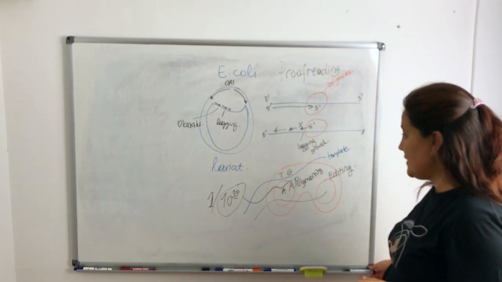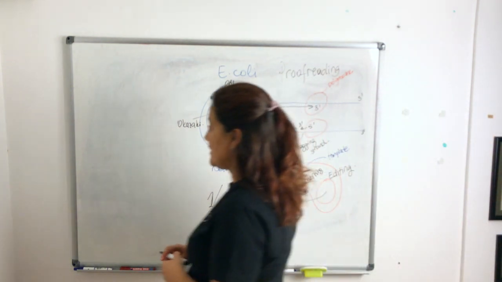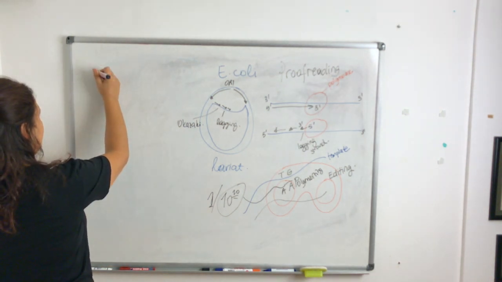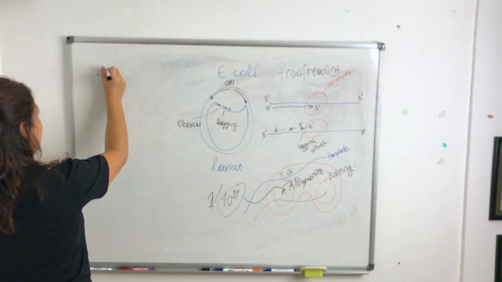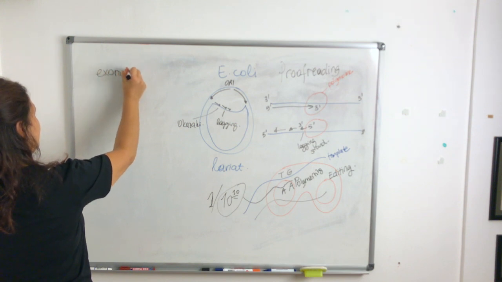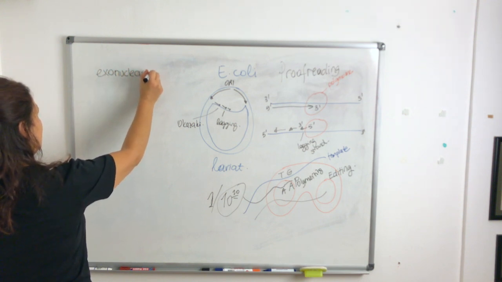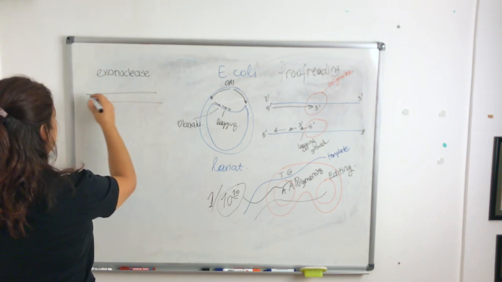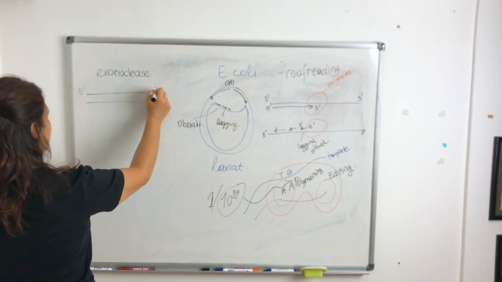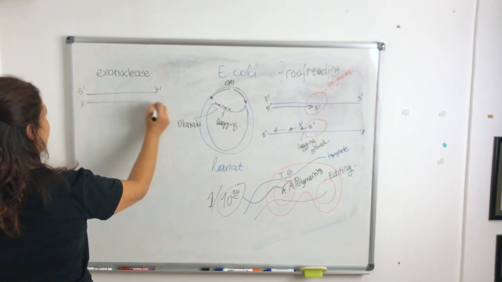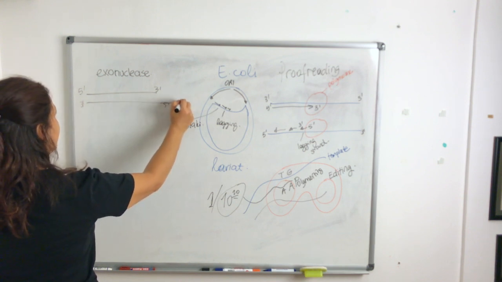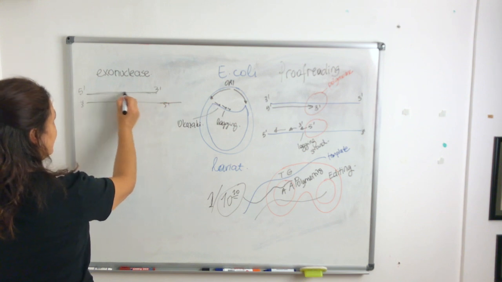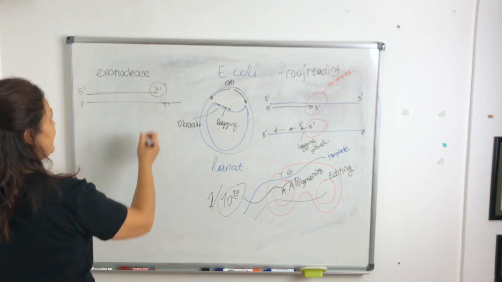Proofreading mechanism activities can be divided into exonucleases. Now we have a word, exonuclease. This means if you have a DNA strand, and this part is newly synthesized, so it is an open end, an open 3' end.